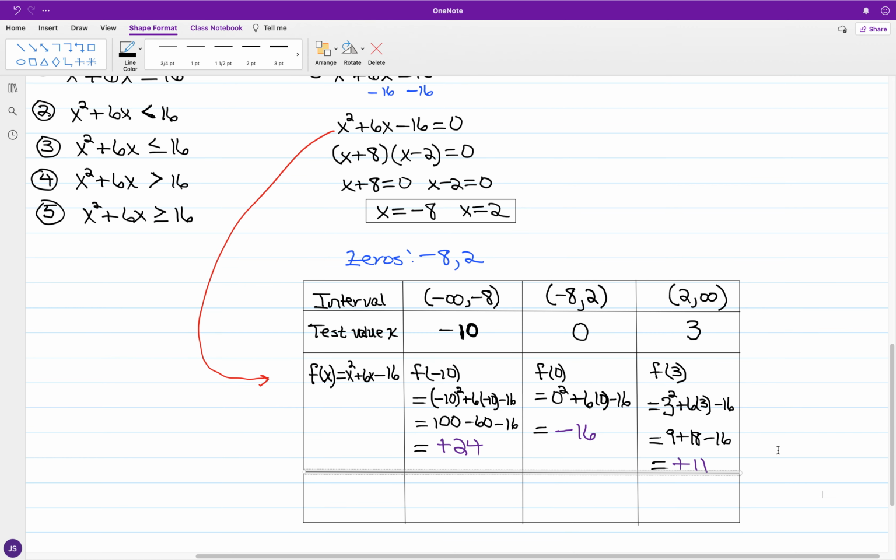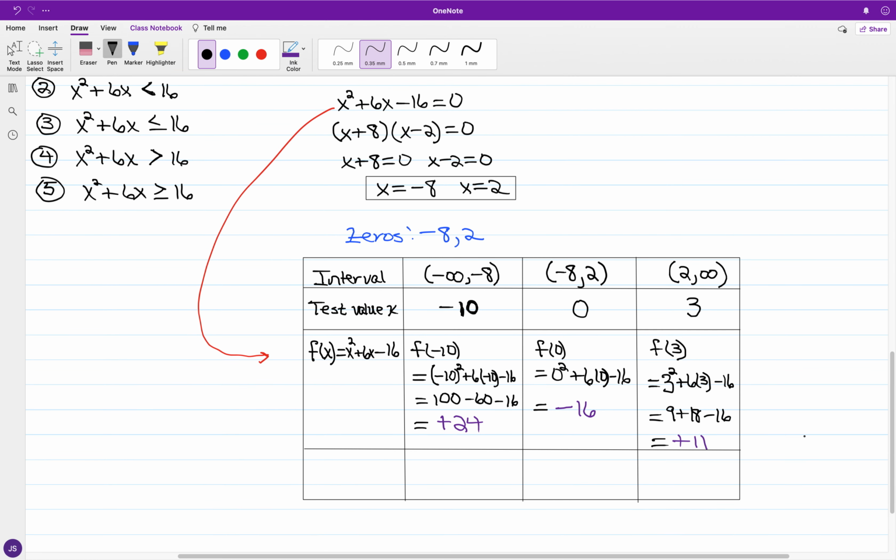And it's sort of a backdrop to solving these inequalities. Okay, so just looking at the sign value of f of x. Notice, when I tested out -10, the output was positive 24.